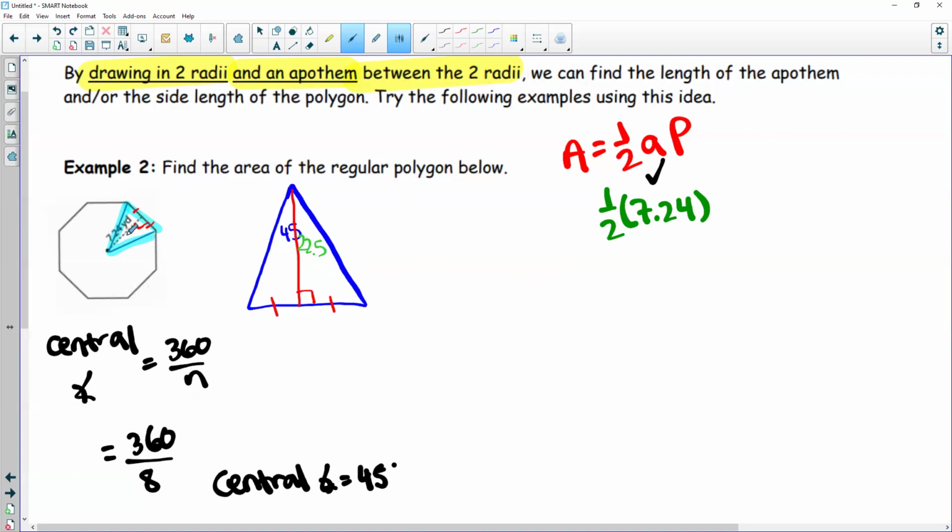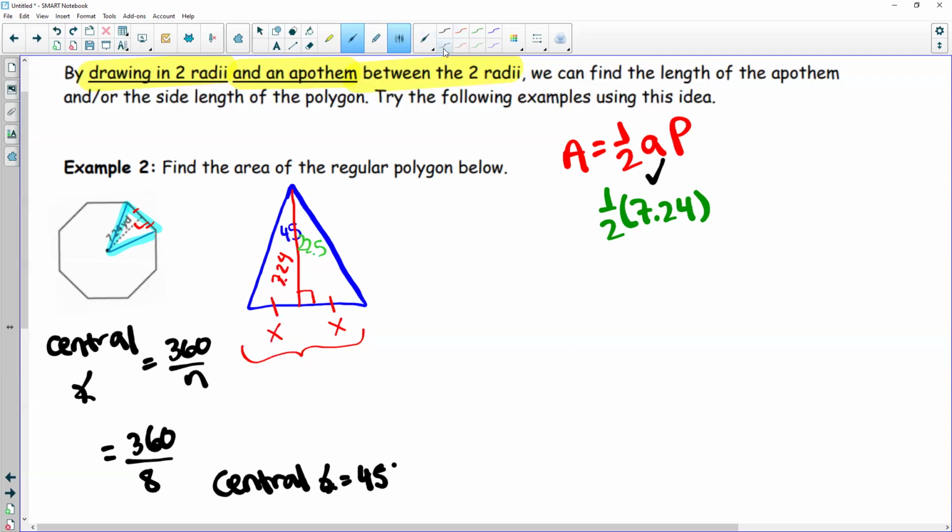The apothem here is labeled as 7.24. I'll just write this sideways here. We need to use this given information to find the value of x. Because if I find x, this other side is also x, and when I add those together, or double it, I now know the side of the polygon.